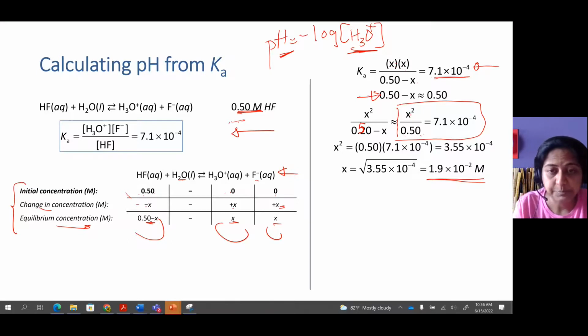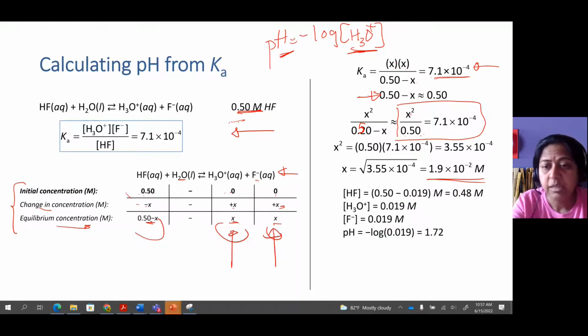So what is this x? Yes, these are the values for x. For HF, we subtract the value of x from the initial value and find the equilibrium concentration for HF as 0.48.